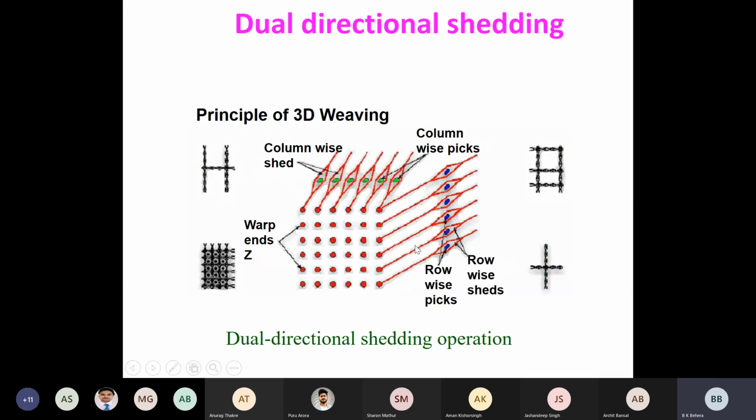Shade formation takes place in two different directions, one vertical and another horizontal. For each direction, we have a group of weft yarn. Green are column-wise picks, here it is row-wise shade, row-wise picks. So the weaving as a whole is a two weft, one warp weaving system, or we call it dual directional shading operation.